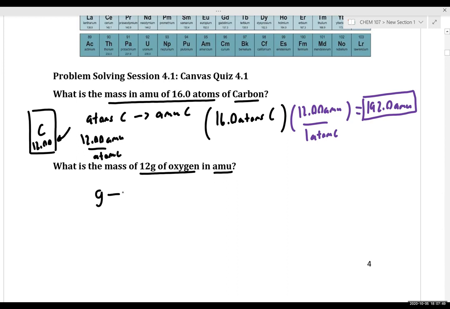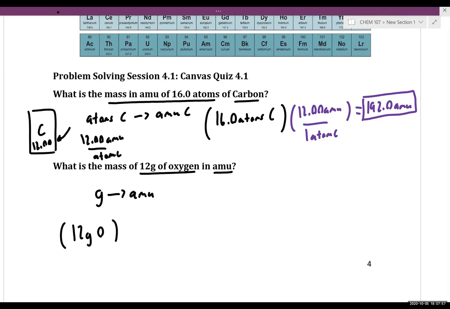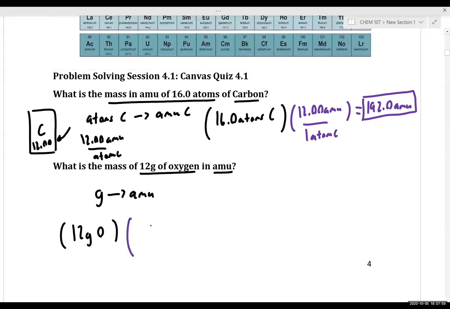Next, we're trying to calculate the mass of 12 grams of oxygen in AMU. So we're trying to go from grams to AMUs. If we have 12 grams of oxygen, we know from our conversion that in 1 AMU, because we're going from grams to AMUs, so AMU should be on top, we have 1.67 times 10 to the negative 24th grams.